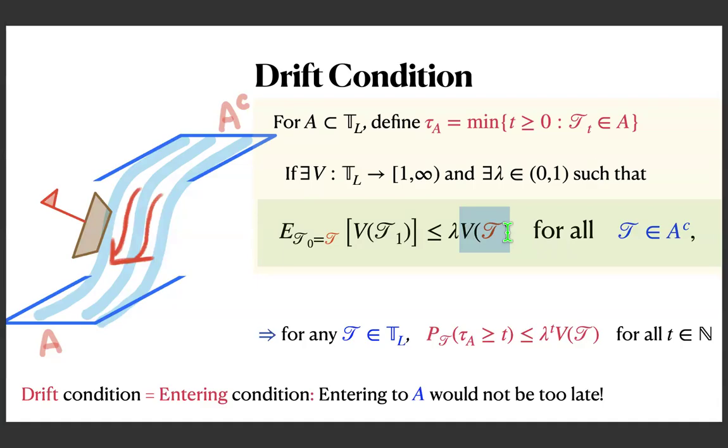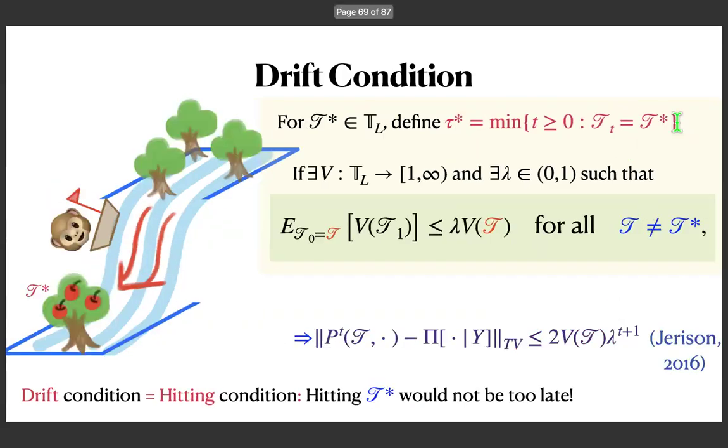And when we are given a chain, once we can find such a drift function V, then what we know is that the probability that the chain has still not entered the desirable set A until time t decreases exponentially. In our situation, our desirable target is the true tree, so we can apply this notion by making A the set of true trees.